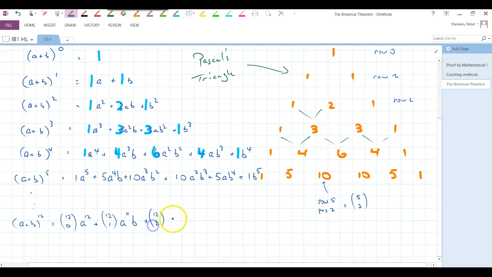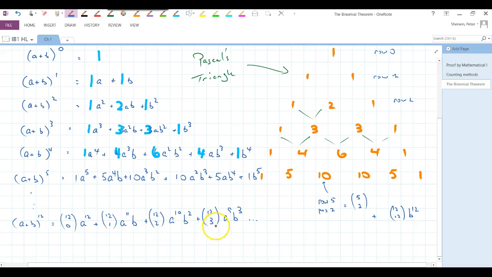So we would get this kind of expansion. It would go on like so, a to the 9, b to the 3, and we'd end up with the very last term being 12C12, b to the power of 12. And that would be our full expansion.